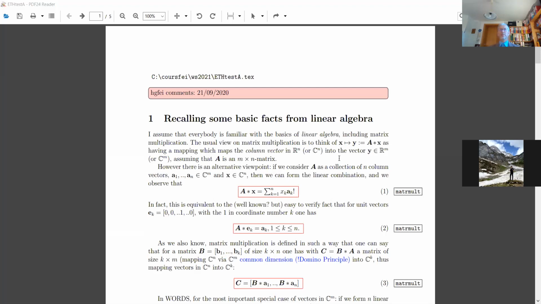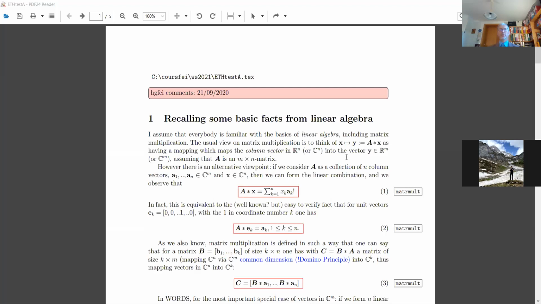But there's another much less popular viewpoint, which is of course equivalent, and that's the idea that MATLAB is providing matrix multiplication, which means it's providing a linear combination procedure.